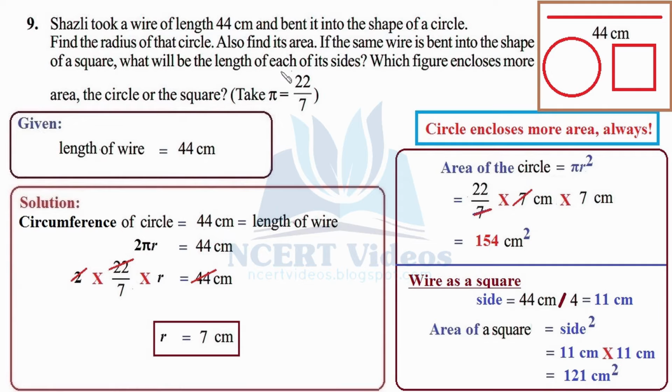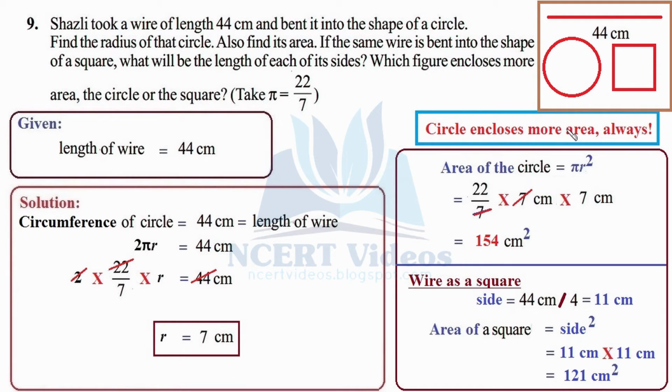Now we have to find the side of this square, that is, the length of each side. Now which figure encloses more area? This we will come to know when we solve it. But we have also told you in the previous exercise that if we have the same perimeter, it's always the circle which encloses more area, given perimeters are equal.